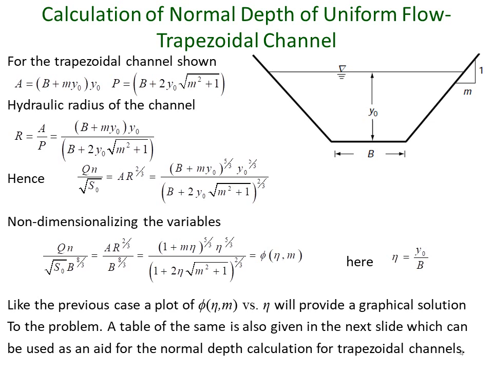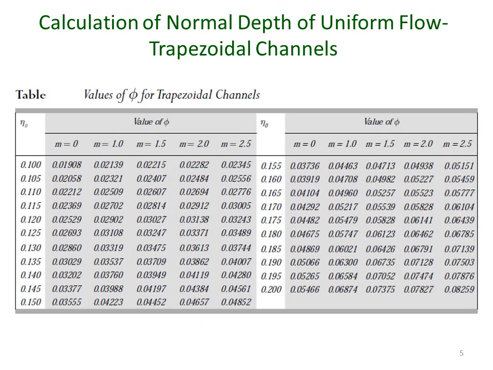Now a tabular solution can also be given as an aid to calculate the normal depth of such a trapezoidal channel. This table is shown in the next slide. So this is an example of a table in which the function phi has been tabulated against values of eta and values of the side slope m, different values from 0 to 2.5.